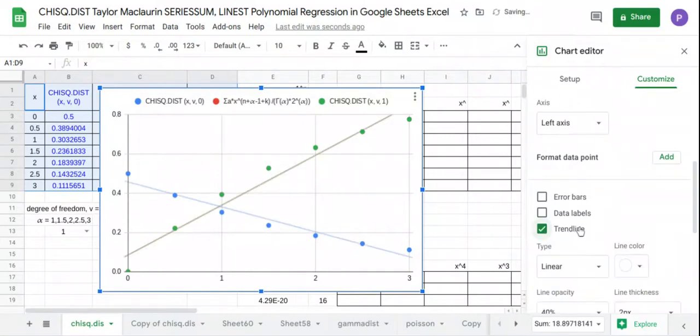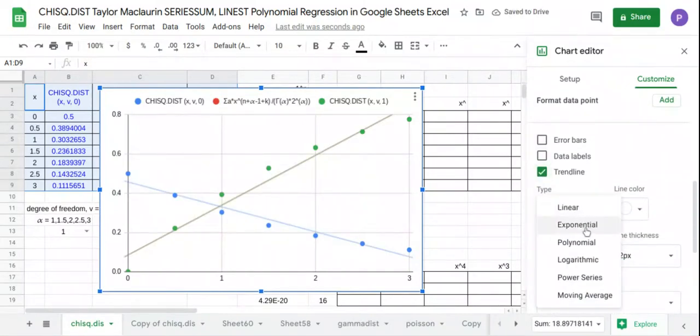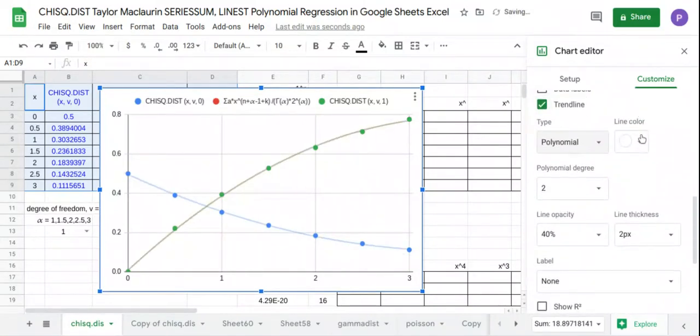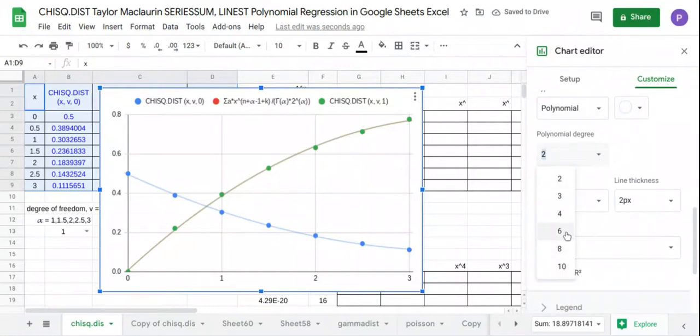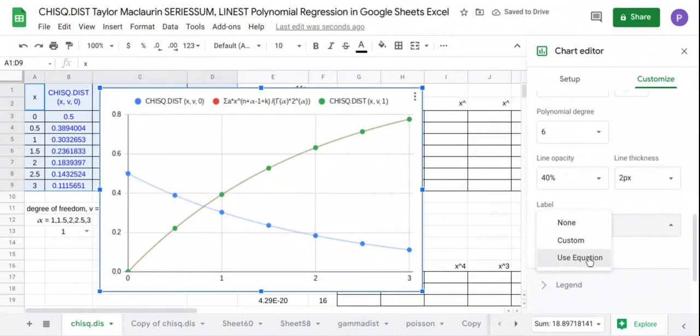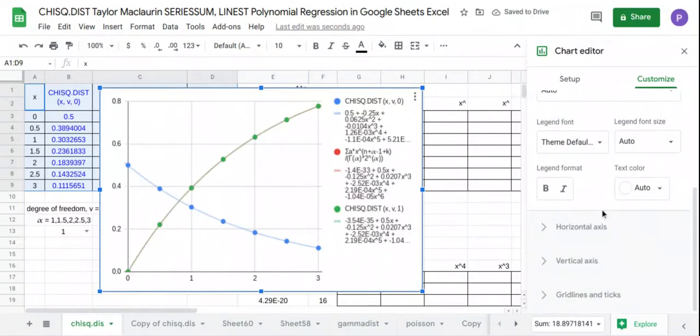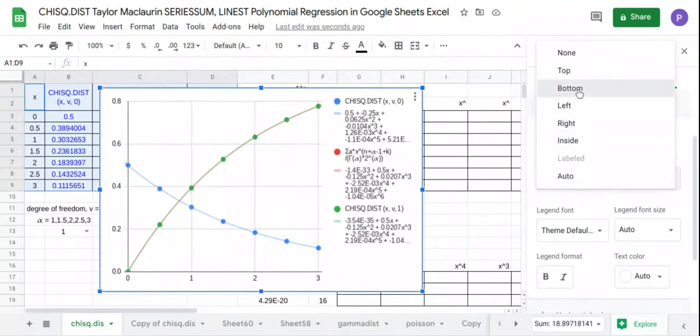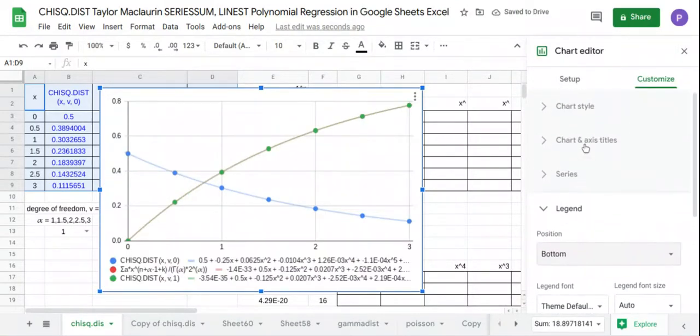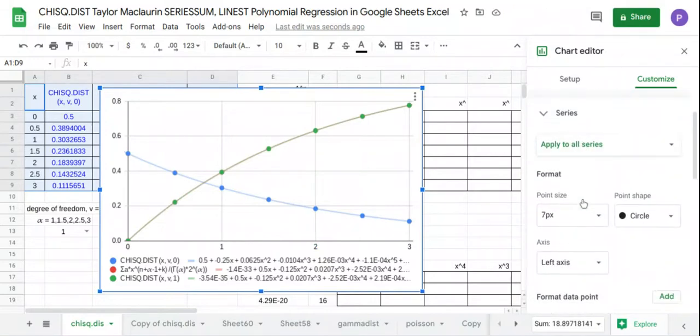So trend line, polynomial to the sixth degree. Use the equation as label. For the legend, position at the bottom. And the size of the points.